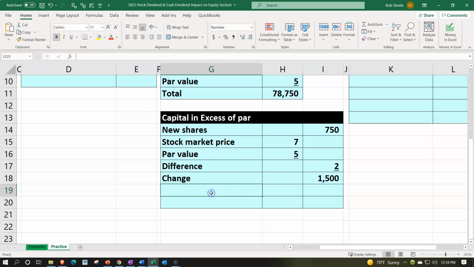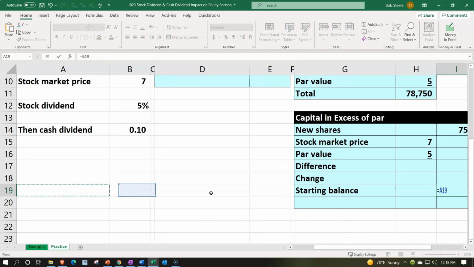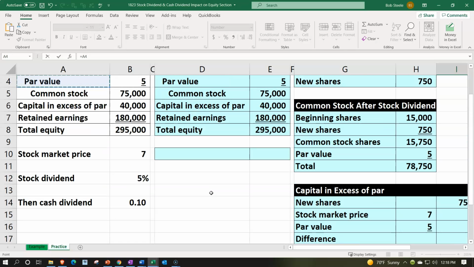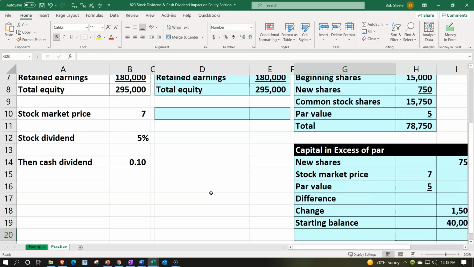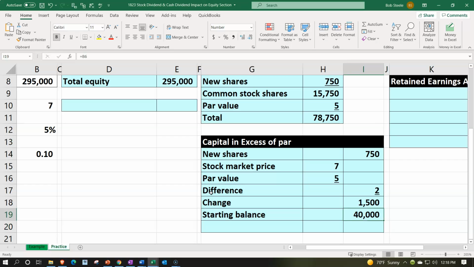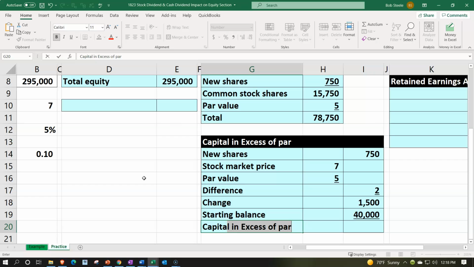Then I'm going to add that to the starting balance, which we had in the capital in excess of par. We don't want to pick up this one because we're going to change that. Pick it up from over here, the beginning numbers, the 40,000. I'm going to underline it by going to the font group and underline. And this is going to be the capital in excess of par, which is going to be equal to the sum of these two.